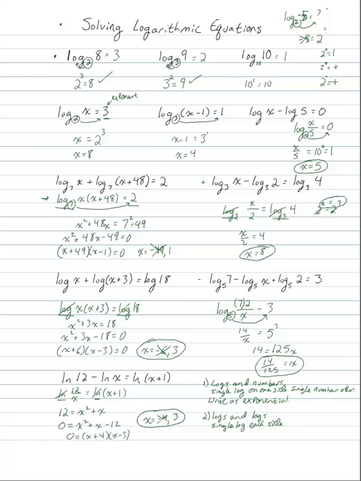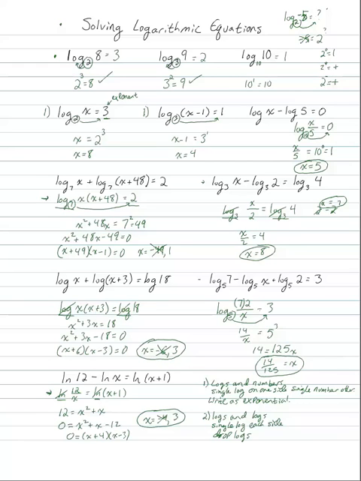Logs and logs, once we got a single log on each side, they were the same log. So we could go ahead and just drop logs. So let's go back real quick. Stuff like number 1 was log base 2 of x equals 3. Log base 3 of x minus 1 equals 1.